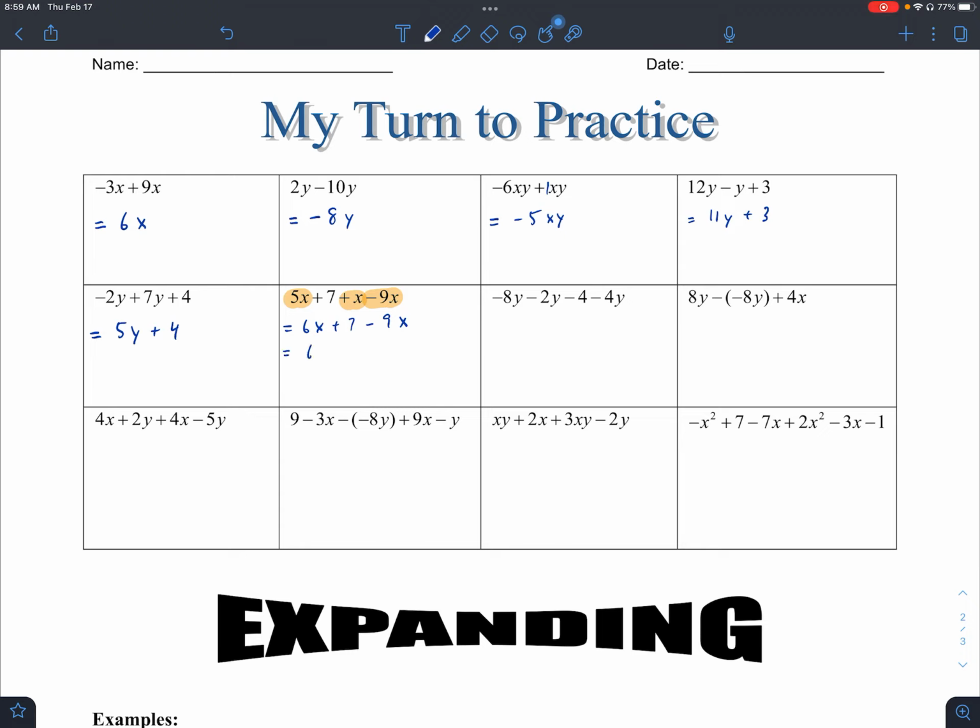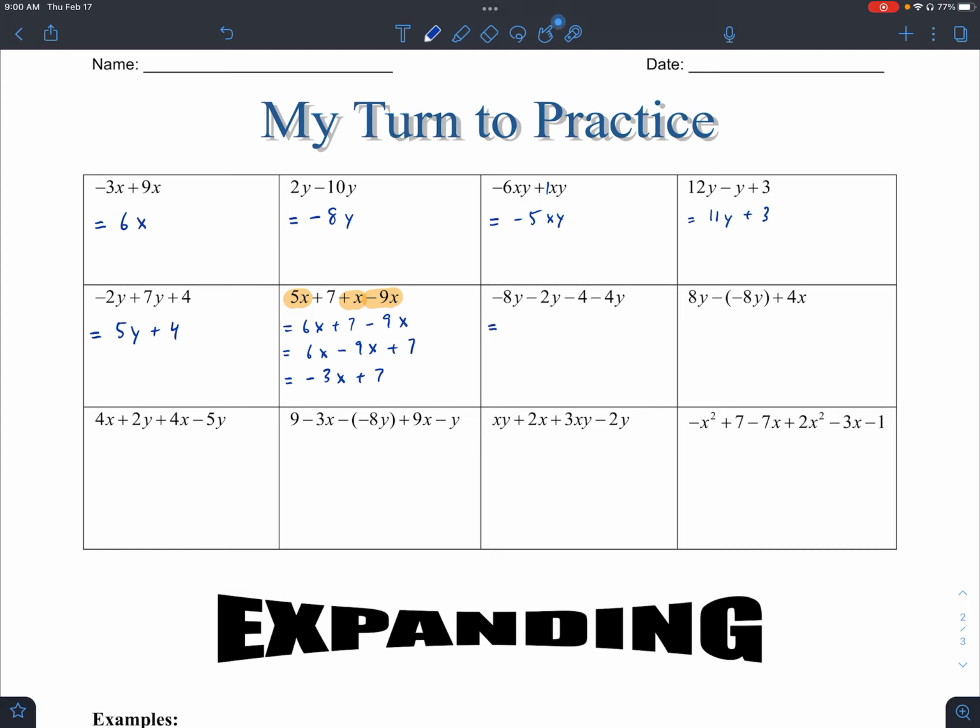Now if it helps, you can actually rearrange the terms and write 6x minus 9x plus 7. So you can have the x terms beside each other. Maybe that will make it easier for you to subtract them. So 6 minus 9 is -3. So -3x plus 7.